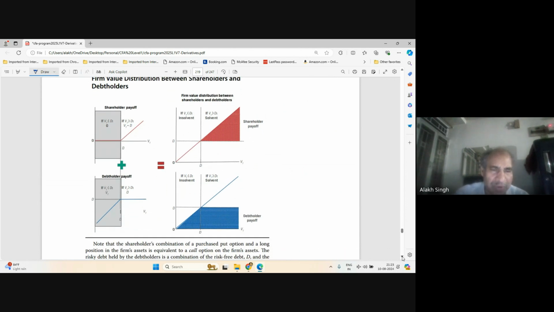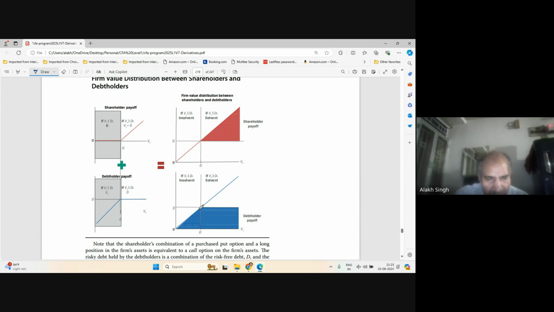So what is the profit to the shareholders? Beyond this point and above this point, all is the shareholders' payoff. And below this point, when the price is ST, they can get only their total debt. This is the area of their total debt.